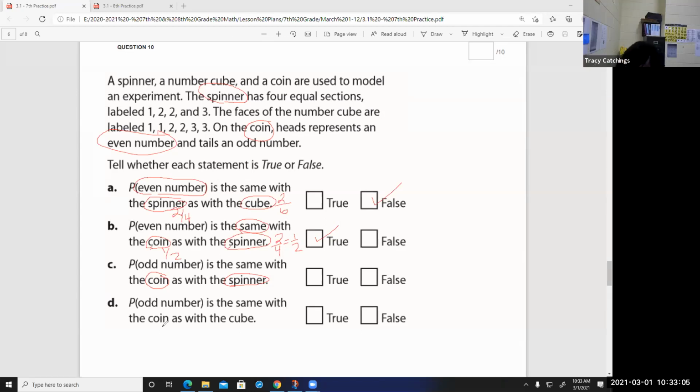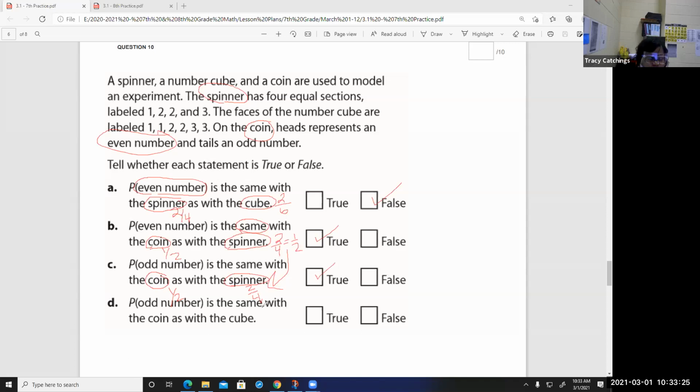So either option, what's my percent? Half. How many odd on the spinner? 2/4. That half is the same as 2/4. Yeah, we said it from the last one.